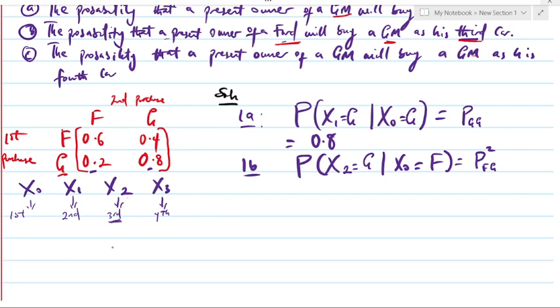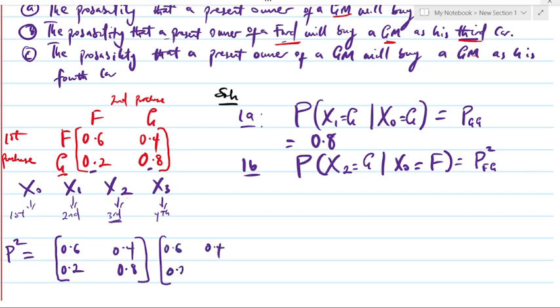That means I'm going to find the square of my transition matrix. I have 0.6, 0.4, 0.2, 0.8 times 0.6, 0.4, 0.2, 0.8.